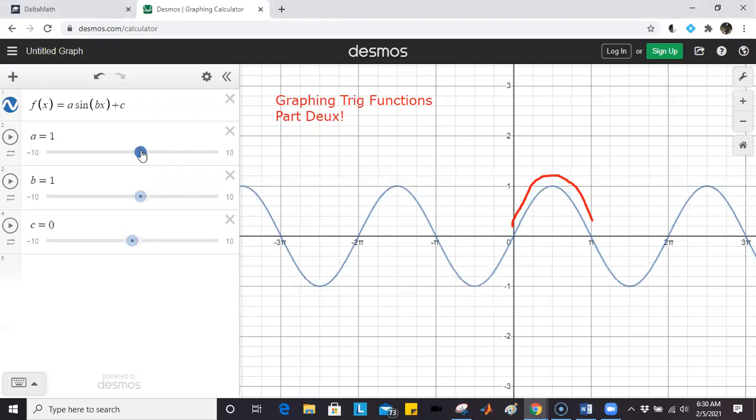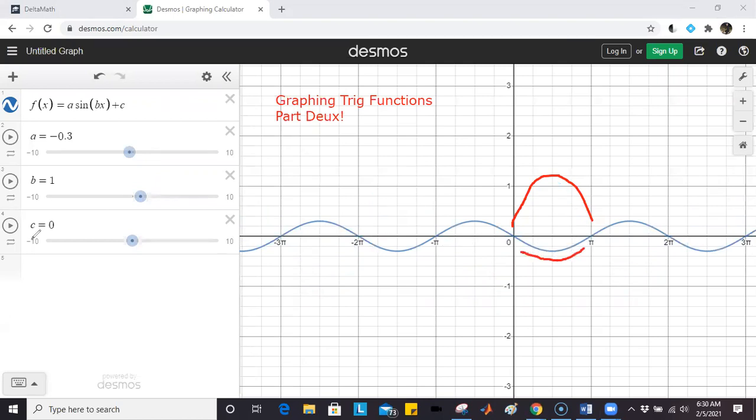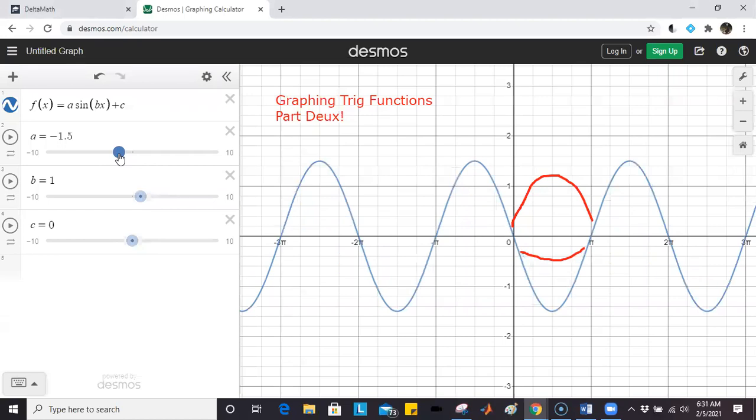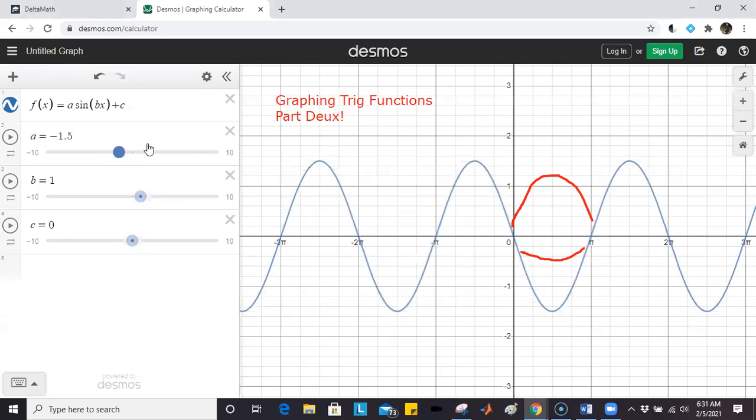And then when we switch and we go negative, boom, we've changed the concavity. Why did it do that?